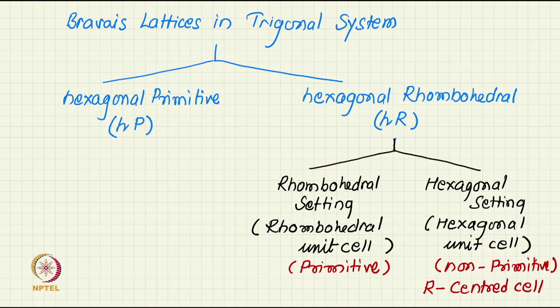You can see that in the current nomenclature, none of the lattices or unit cells in the trigonal system has the name trigonal. They have the name either hexagonal or rhombohedral. So, let us look at this in a little more detail now.